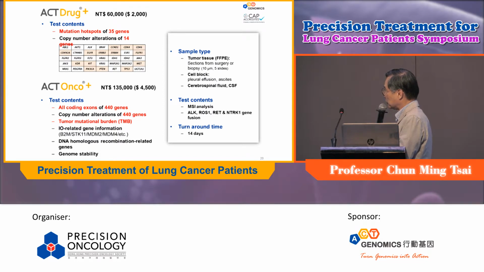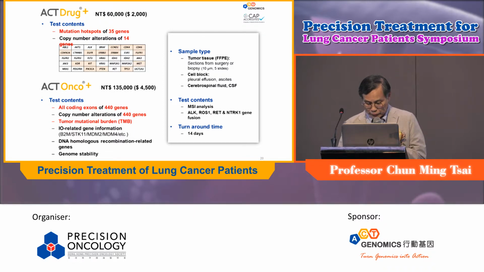That is much more expensive, more than double of this one, but it includes a wide spectrum of oncogenic genes, and also includes TMB. That's probably helpful for guiding immunotherapy.